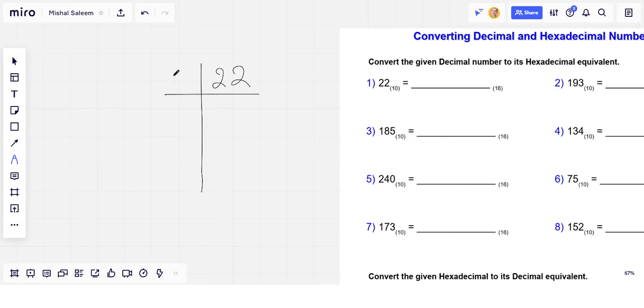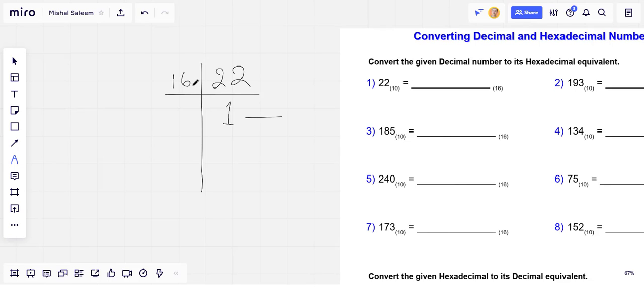Now for hexadecimal, I'm going to be using 16. So 16 times 1 is 16, and 16 times 2 is 32. So 32 is bigger than 22. That's why I'm just going to do it by 1. So if I do it by 1, it's 22. 32 is obviously bigger.